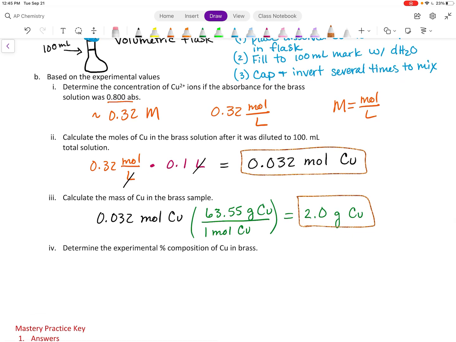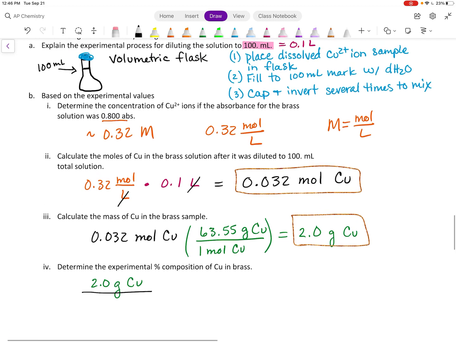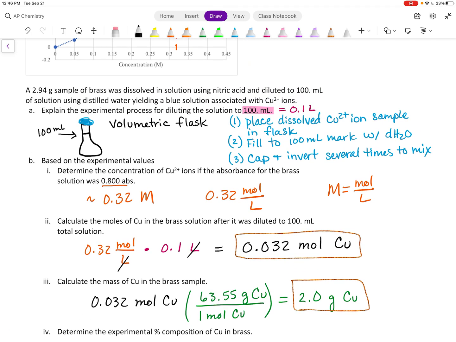And then the last step, it asks us to determine the percent composition of the copper in the brass. And so for this, we're going to take that 2.0 grams of copper, and we're going to divide that by the original mass of the sample. So we have to go back up, and we are going to grab this number right here.